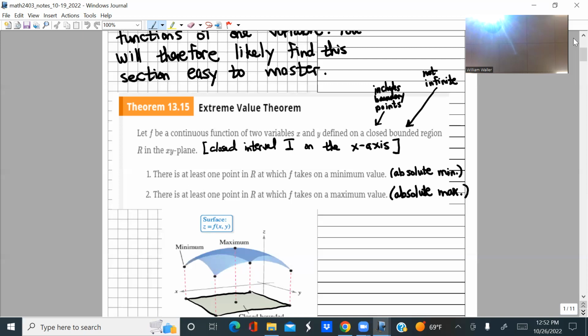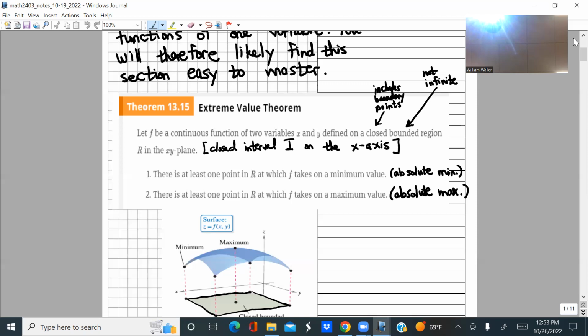Technically, you should say maximum if you're referring to the z coordinate, and say minimum, always referring to the z coordinate. But usually we're not that careful, and so we often refer to the point by itself as being the maximum.